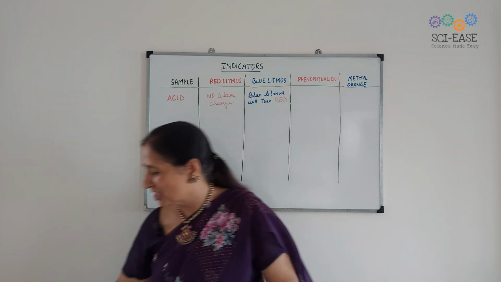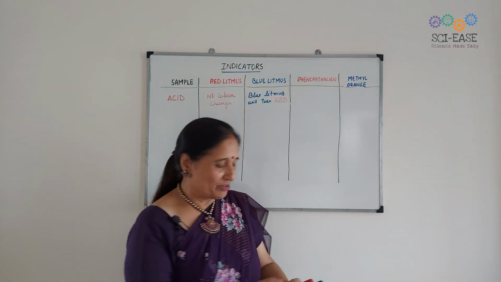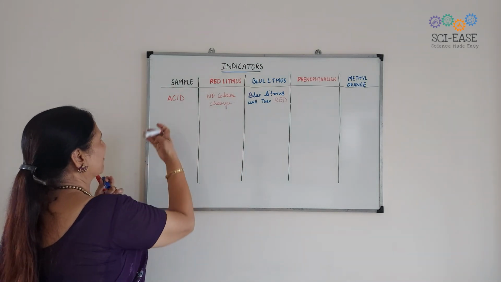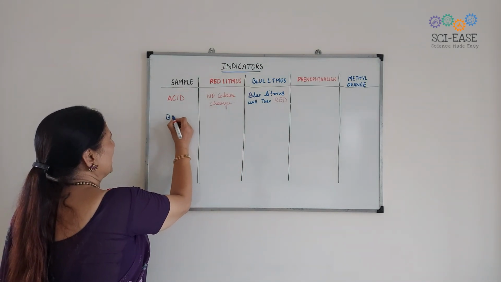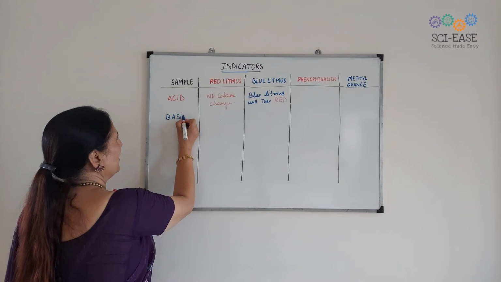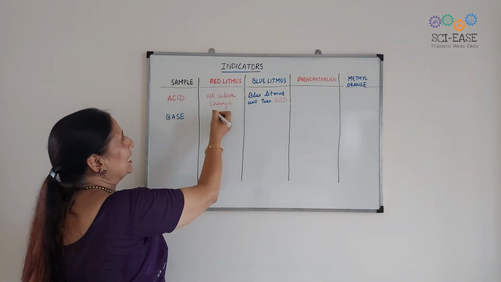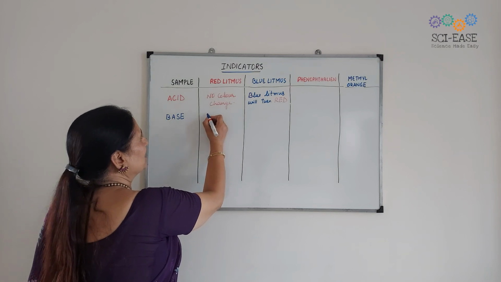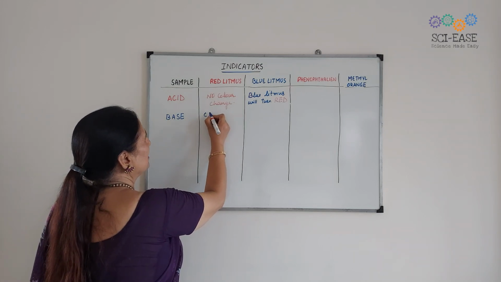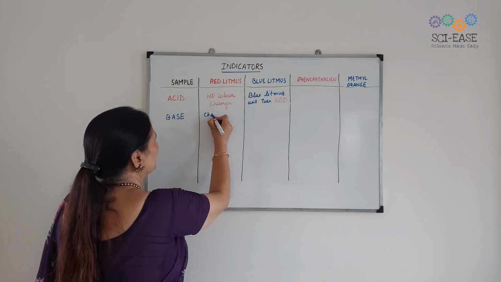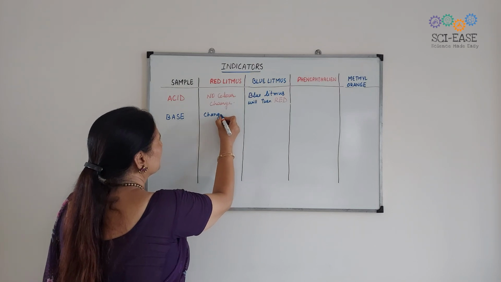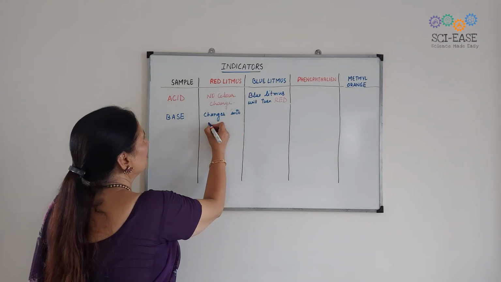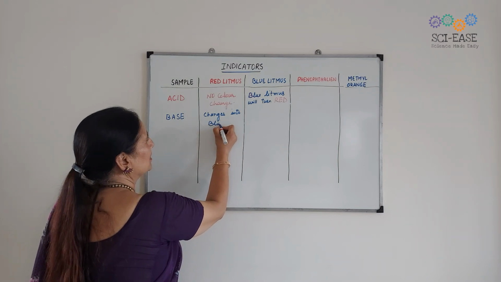This is the conclusion. So what are the observations here? When we take base, okay? So red litmus, that will change into blue.